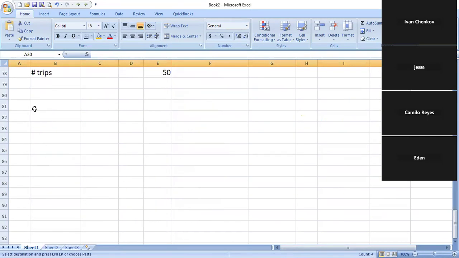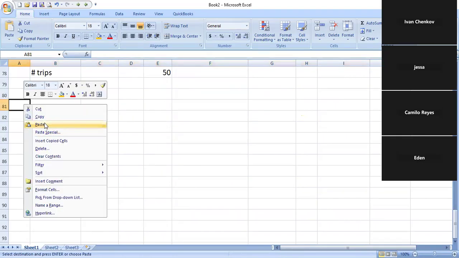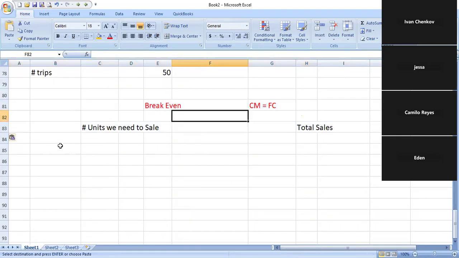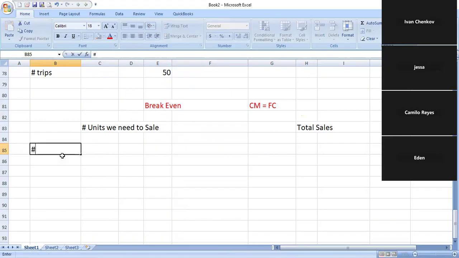Let's move down here. And let's say number of units, we already found it. The number of units should be equal to fixed cost divided by contribution margin per unit.